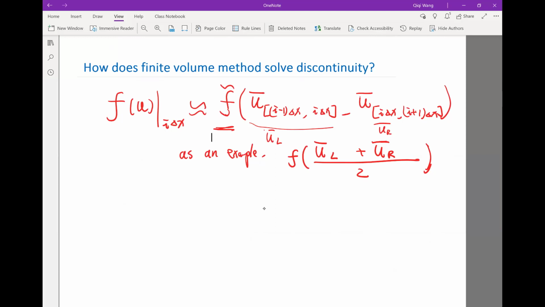F is a univariate function. F only depends on the u at the interface, but I don't have u at the interface. That's why I approximated using f tilde, which is a function of the averages at the left and right of the interface. So f tilde depends on the averages on the two sides of the interface, whereas f depends on the exact value at the interface. Make sense?